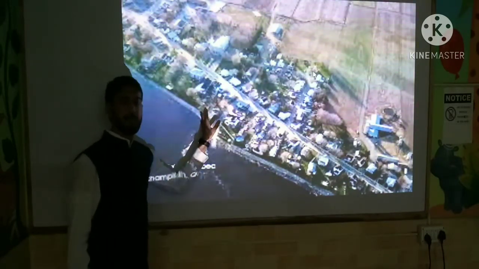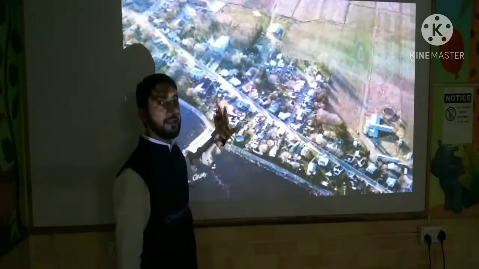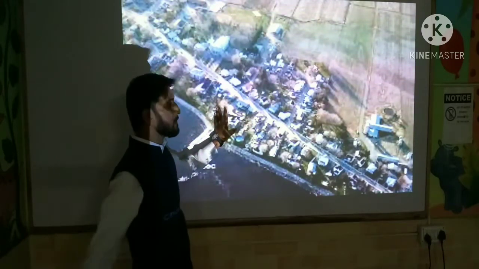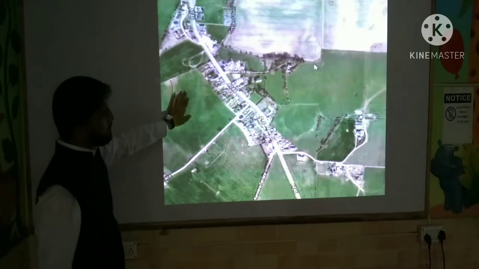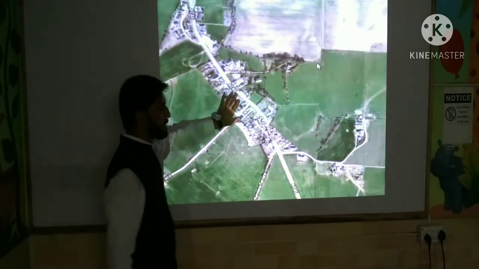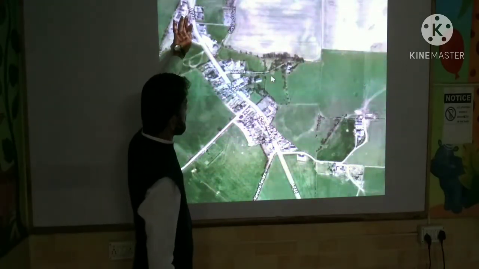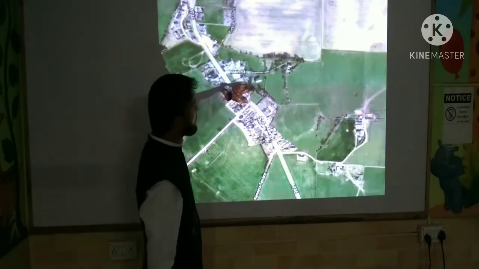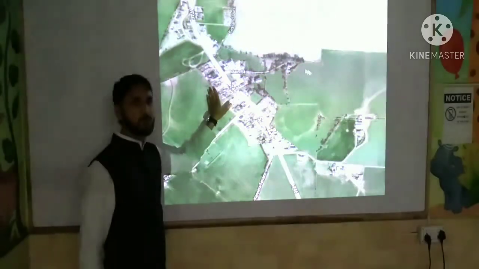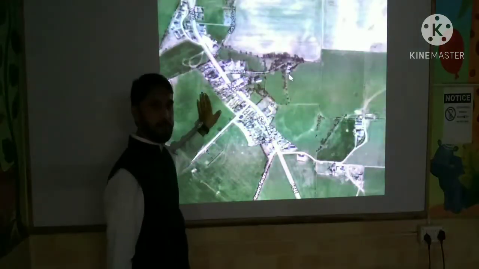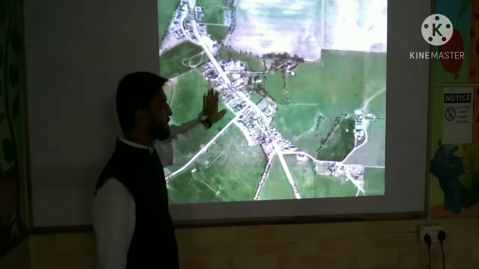This type of settlement is known as a linear settlement. After this, if you see again one settlement, this is about a village. Again, a main road and mostly settlement on both sides. This is also one type of settlement, and it comes under linear settlement.